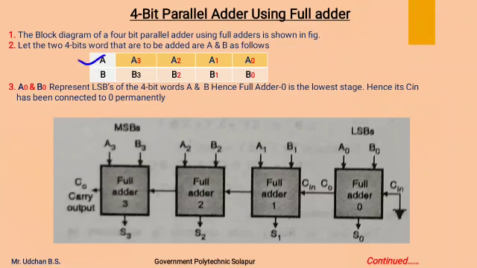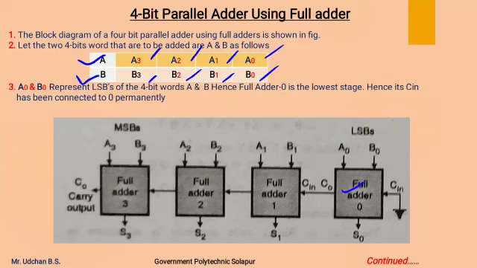The A word consists of 4 bits, that is A3, A2, A1, A0, and the B word consists of 4 bits, that is B3, B2, B1, B0. A0 and B0 represent LSB bits, whereas A3 and B3 are the MSB bits of word A and B.